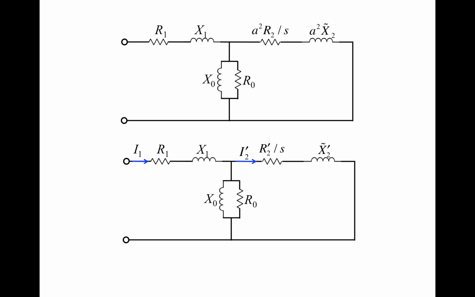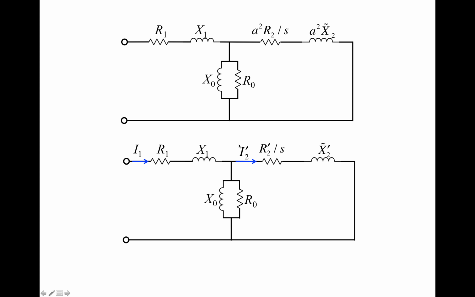Ohm's law tells us that for a resistor, the voltage across the resistor equals the current multiplying the resistance. So the voltage equals I2 prime multiplying R2 prime divided by S. That's the voltage, right? And the power is just the voltage times the current.